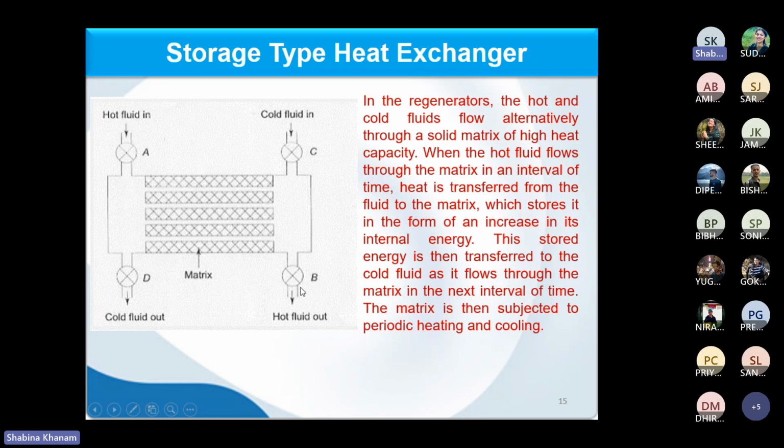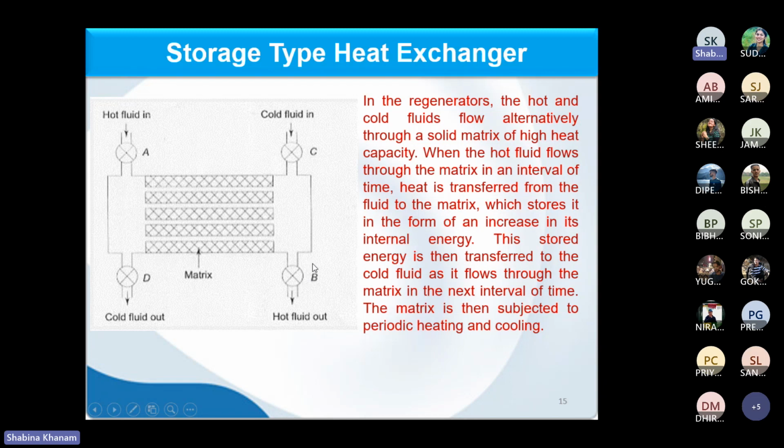So in that case, at one time only the hot fluid will enter and exit, but cold fluid will not enter into this. Once the heat transfer occurs between hot fluid and matrix, hot fluid will exit from here, and at that time these two valves will be closed.